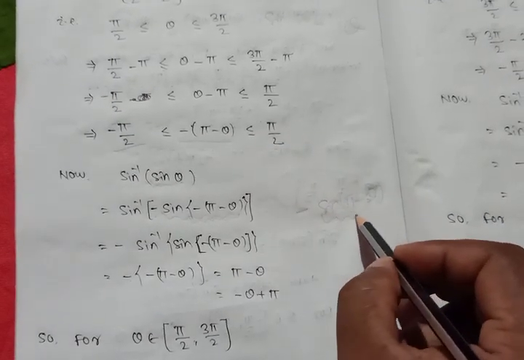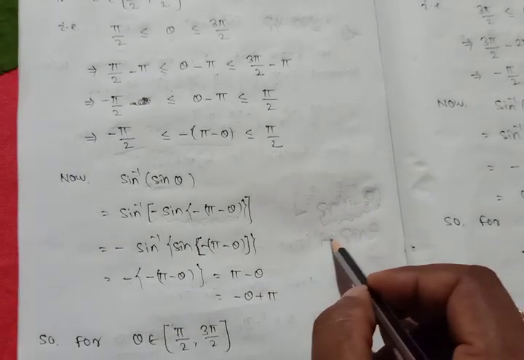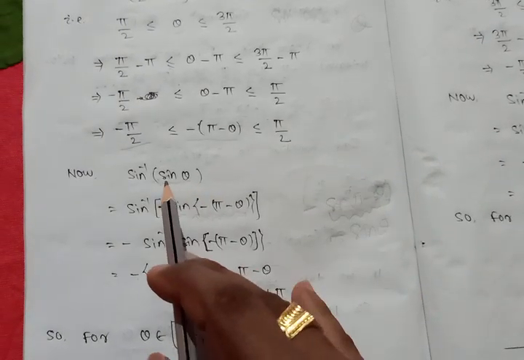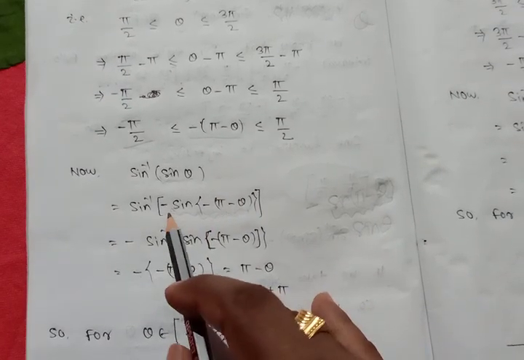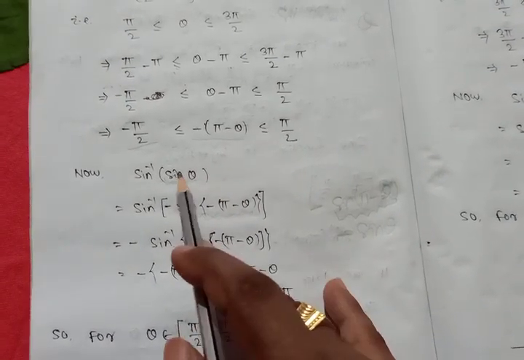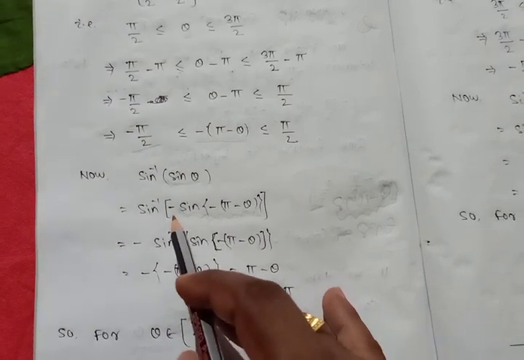But sine of pi minus theta is nothing but sine theta. So what do we get? It is minus of sine theta. So that's why I am putting an extra minus symbol here.